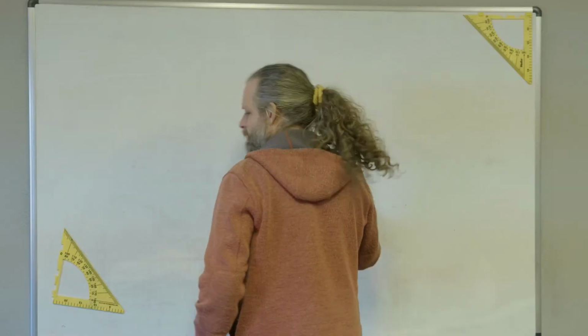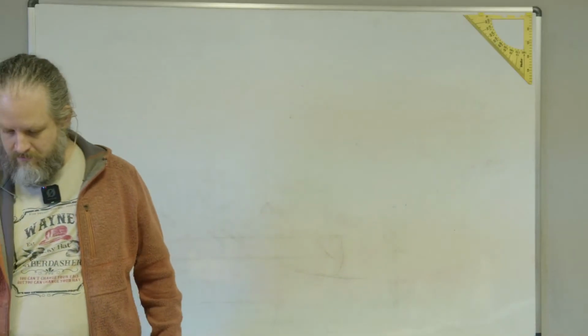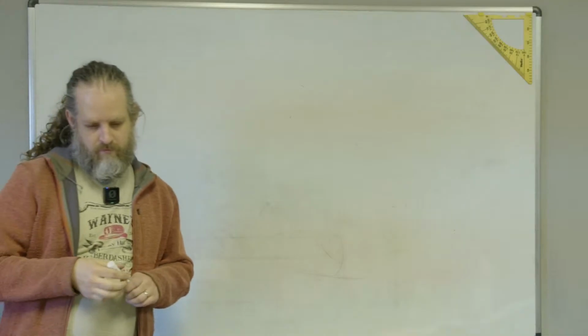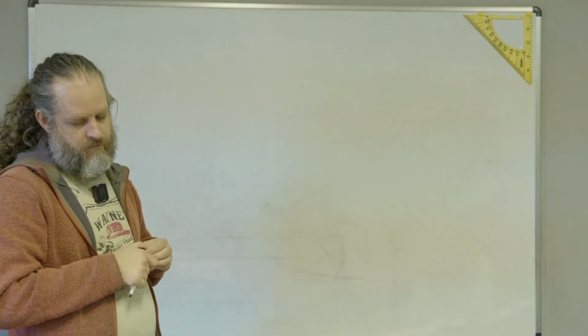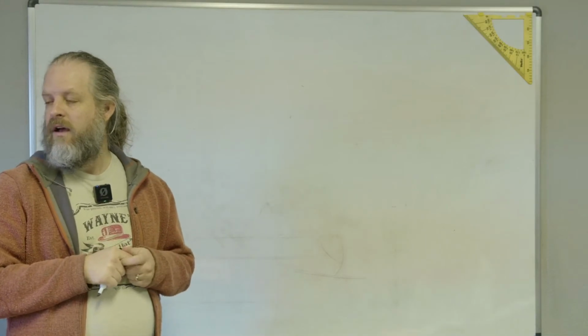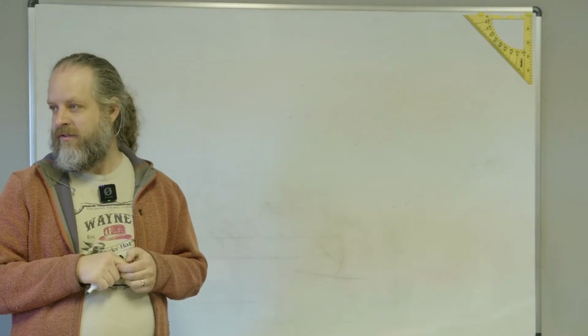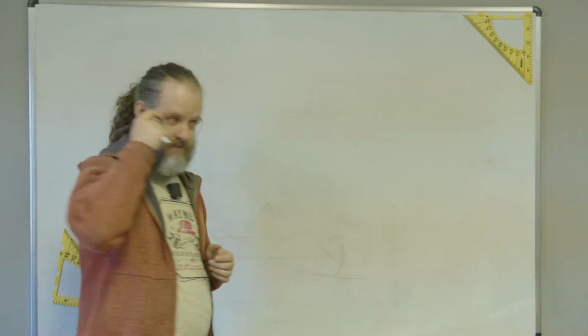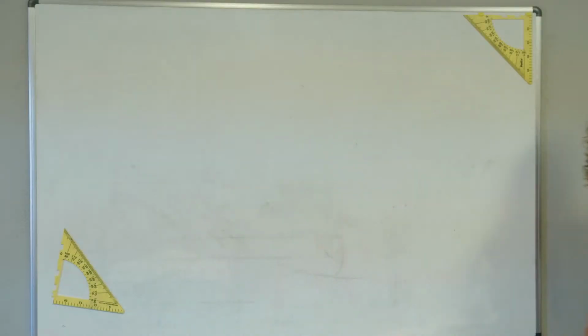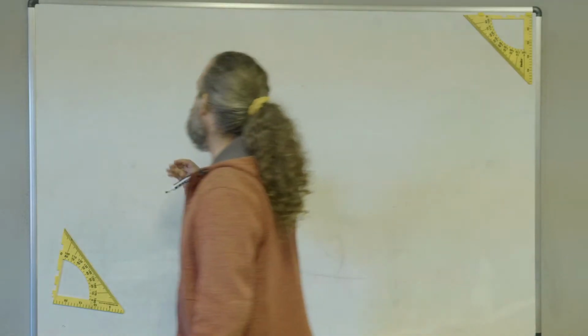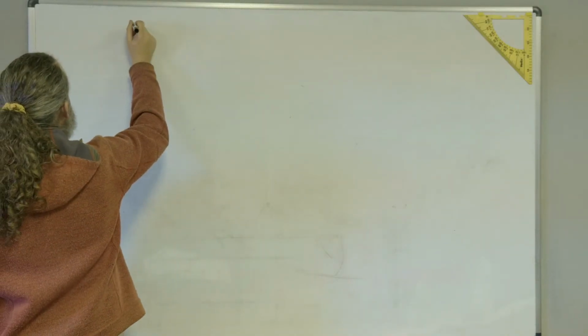So what is the midpoint formula? I can't hear a word you're saying. Speak up, son. What is the formula for the midpoint? Average of the x's and the average of the y's.